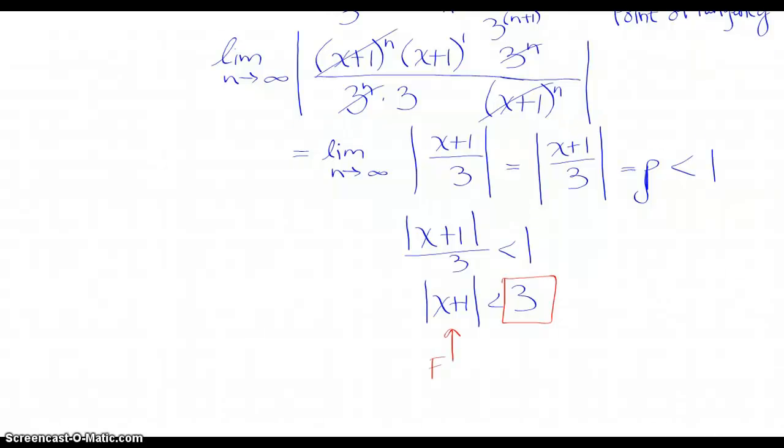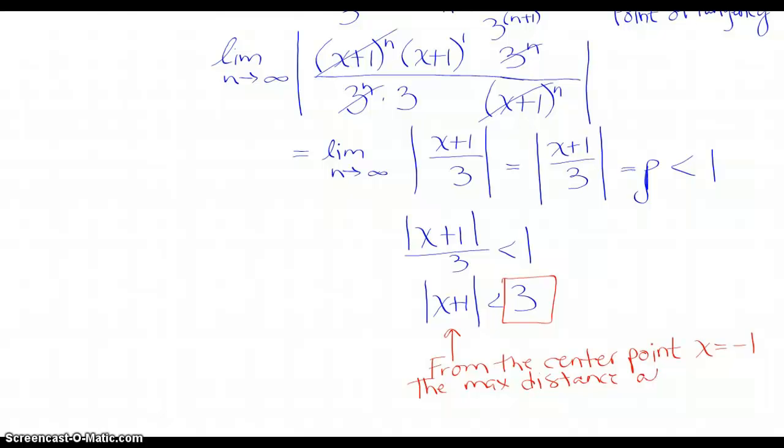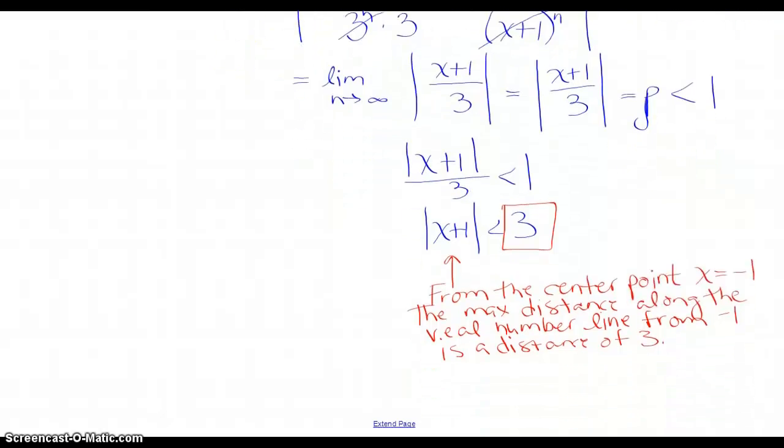This says from the center point of x equal negative 1, the max distance along the real number line from negative 1 is a distance of 3.